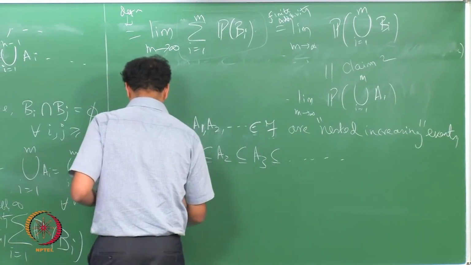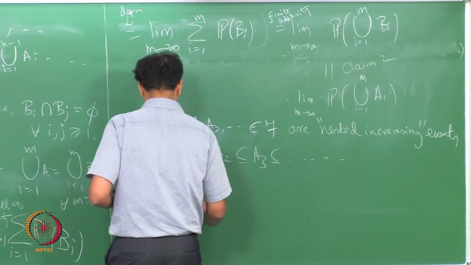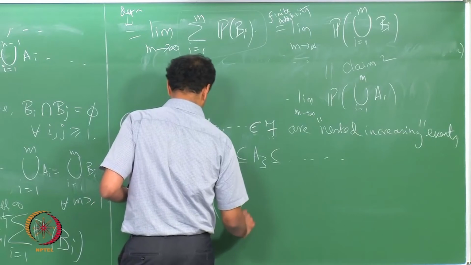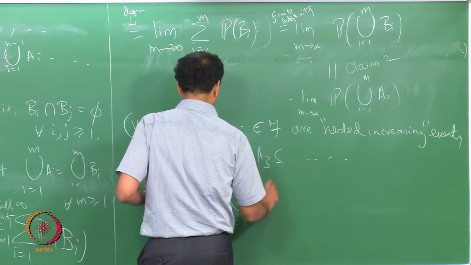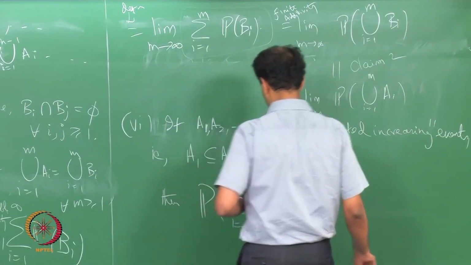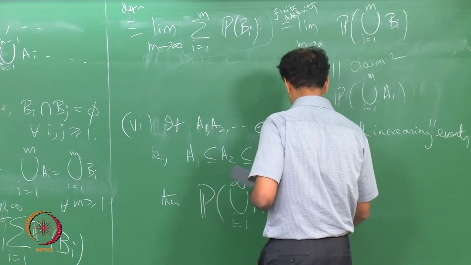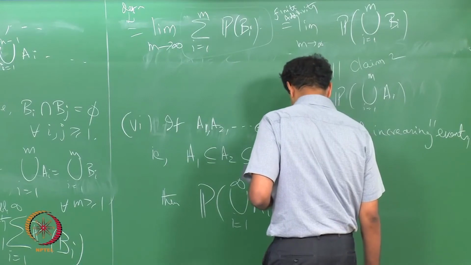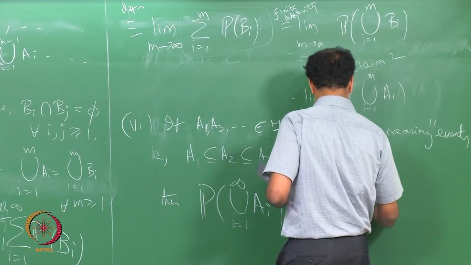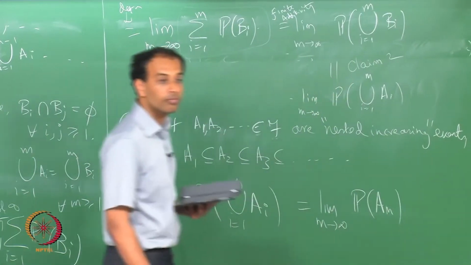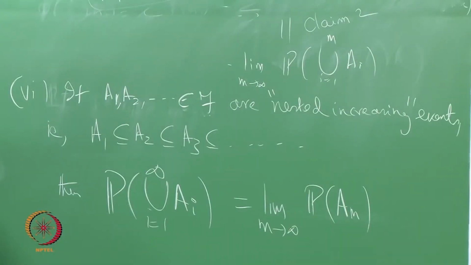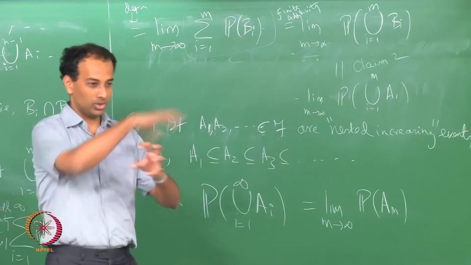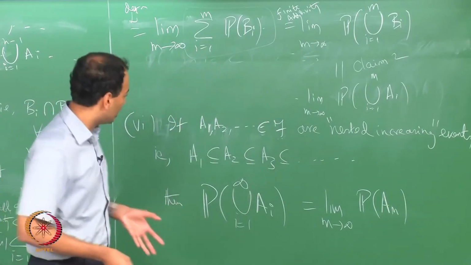Then the probability of the union i equals 1 through infinity of Ai is equal to the limit m tending to infinity of the probability of Am. See, this nested increasing event means A1, then A2 is bigger than that, then A3 contains A2 and so on.